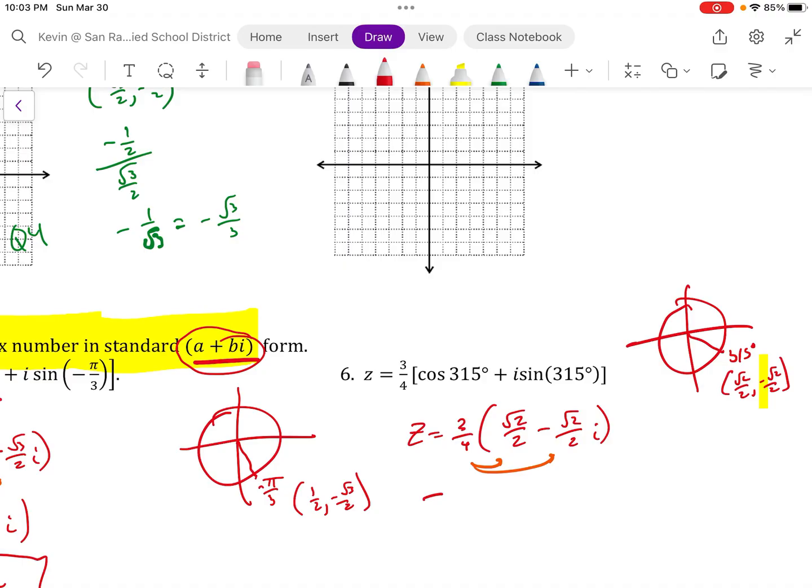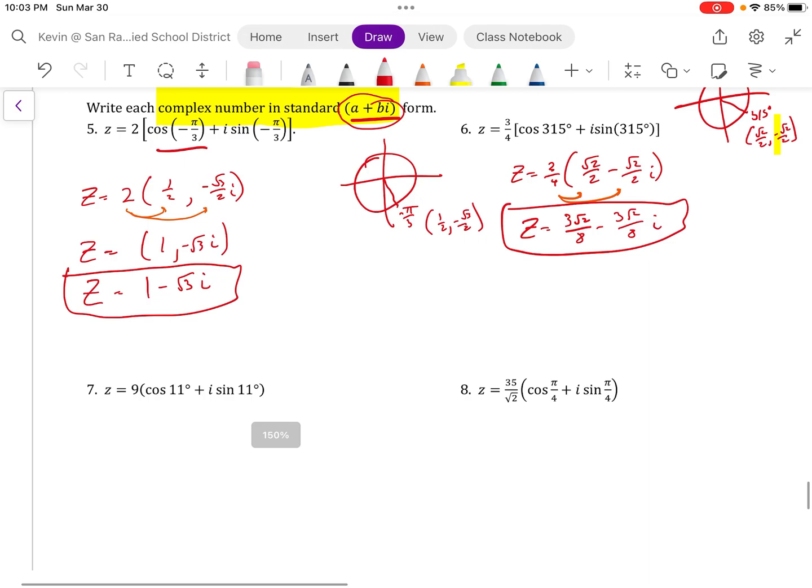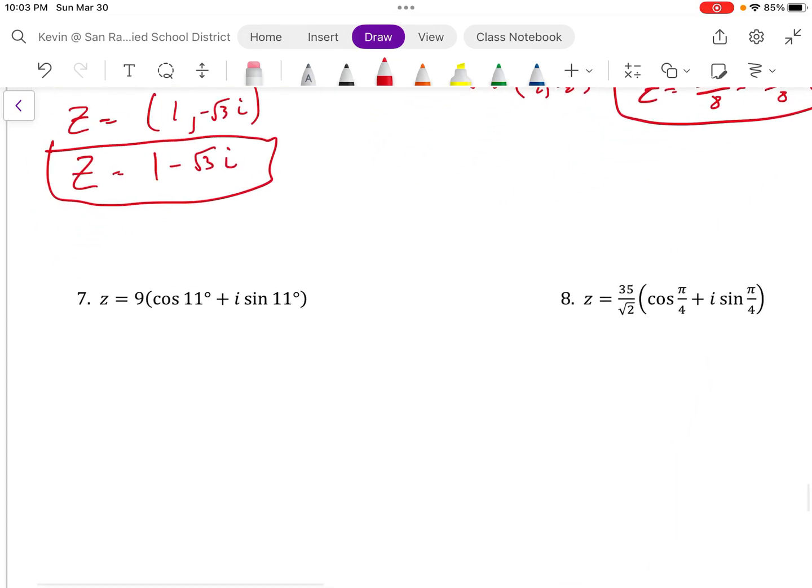And then we distribute this in here: 3 root 2 over 8 minus 3 root 2 over 8 i.